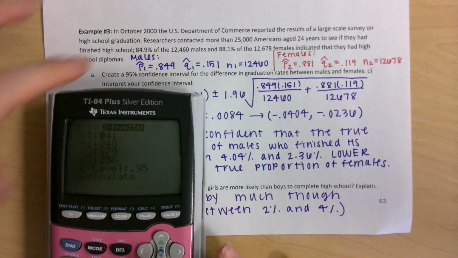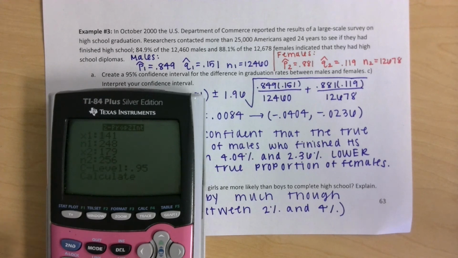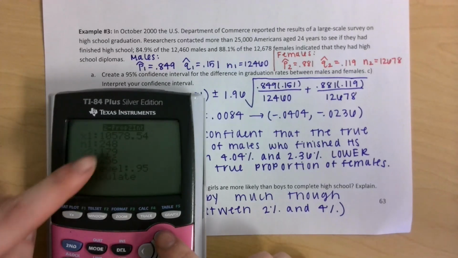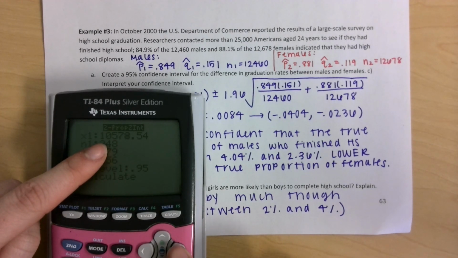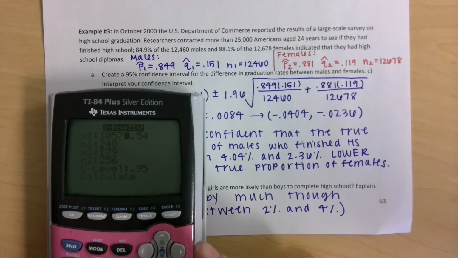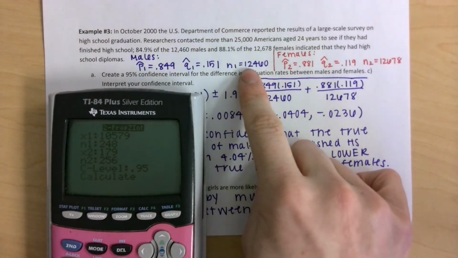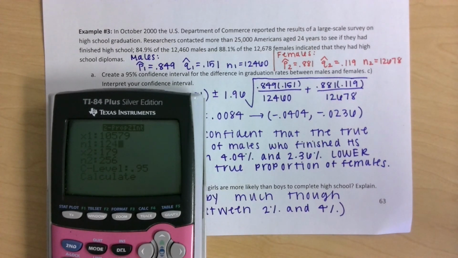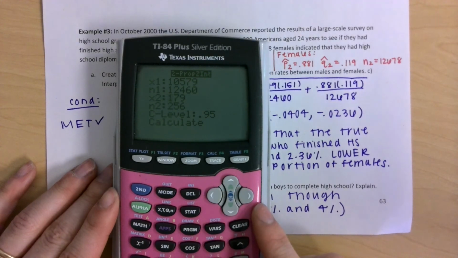So if I do males first, I would do my 0.849 times my 12,460. Okay, keep in mind that this cannot be a decimal, so I'm going to round this to just 9. The sample size for that first group was our 12,460. I'm going to do the same thing for my second group.